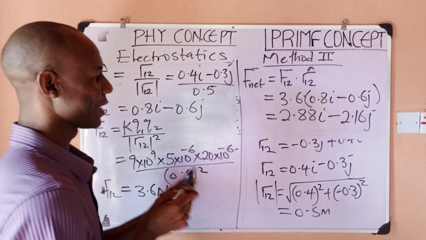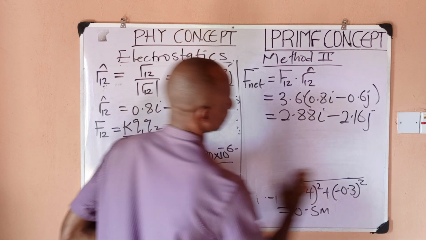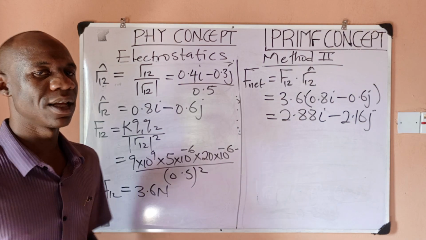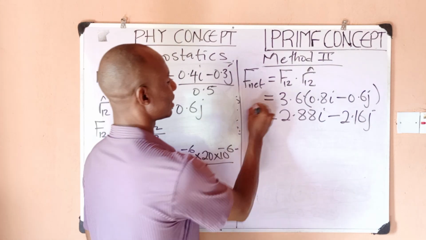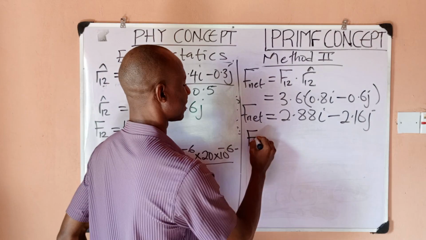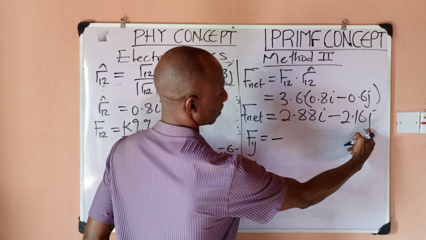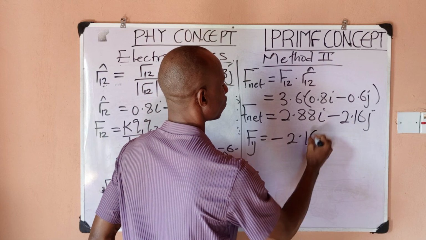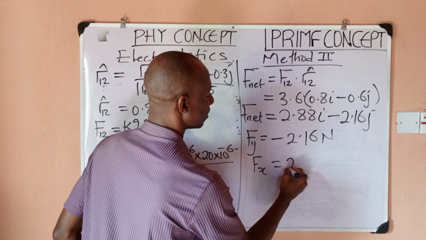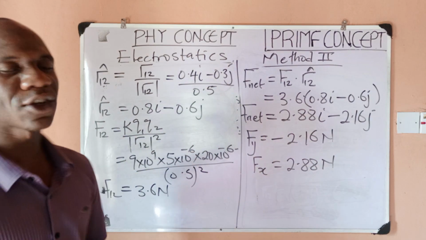I told you that anything associated with i is your X component. Anything associated with j is your Y component. So if I bring these out, Fy is going to be minus 2.16 Newton, and Fx is going to be 2.88 Newton. These are my Y and X components of the force.